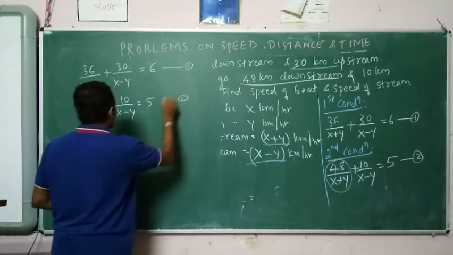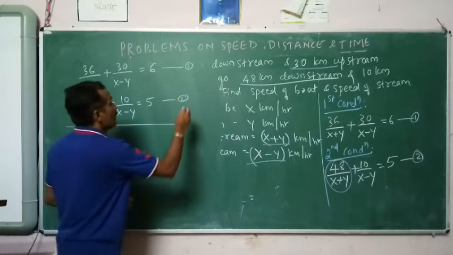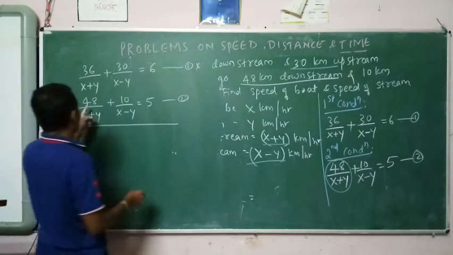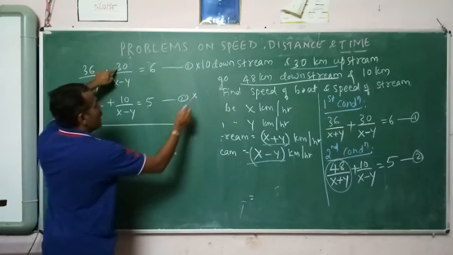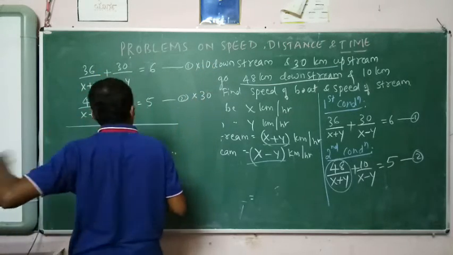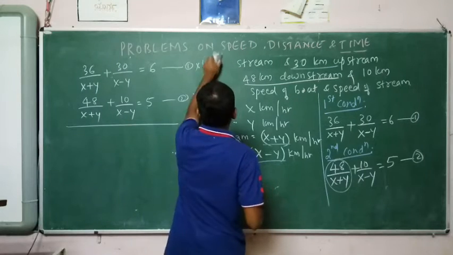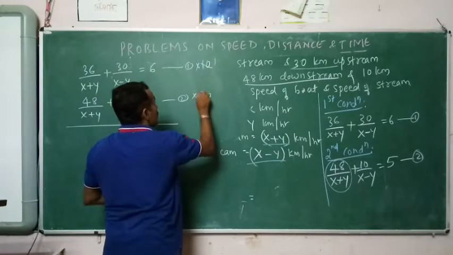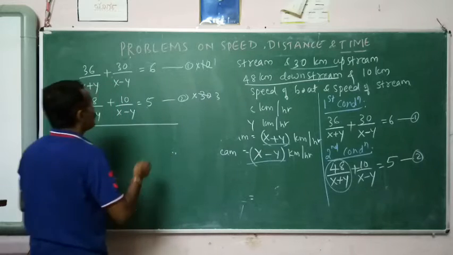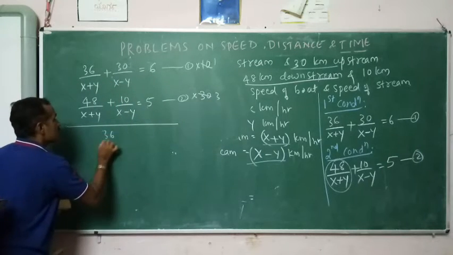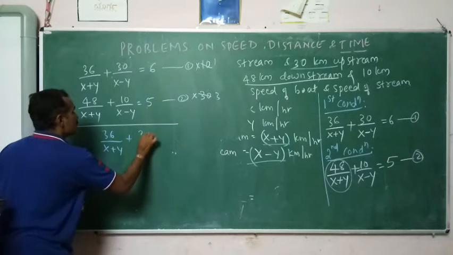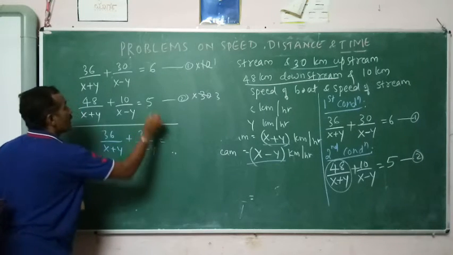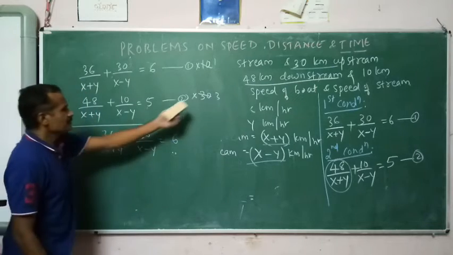Equation 1, equation 2. I will multiply equation 2 by 3, so the x minus y terms cancel. I will write the new equation. 36 by x plus y plus 30 by x minus y is equal to 6.